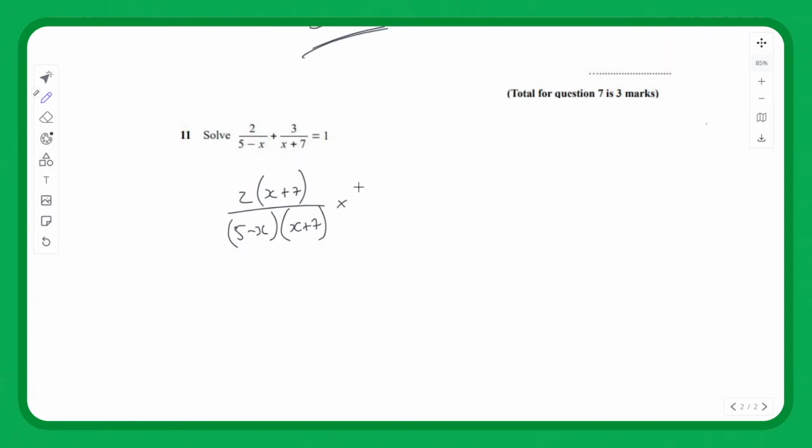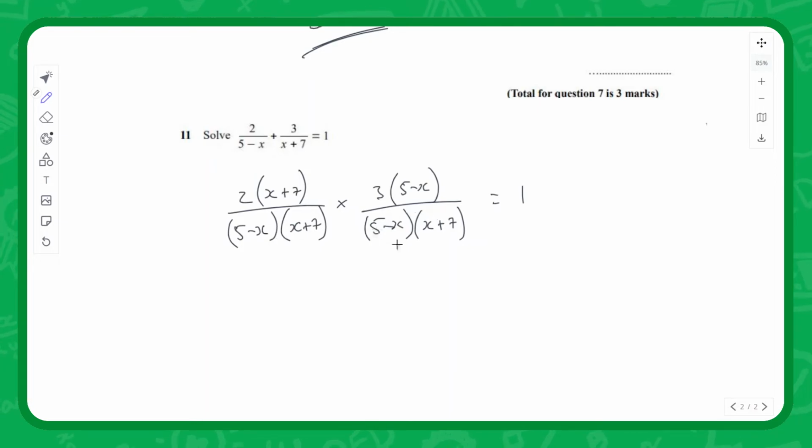And I'm going to take the second fraction and times it by this first denominator. So that's going to give me 3 brackets 5 minus x all over, again, 5 minus x times the original denominator of x plus 7. And what we can see here is, I've now turned this into a much nicer question, right? I've got the same denominator in both cases.